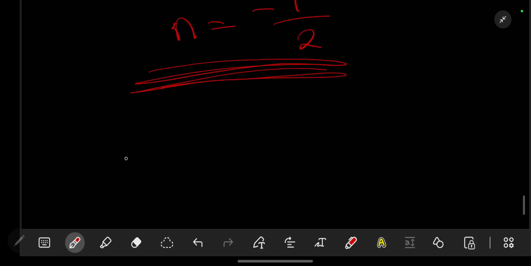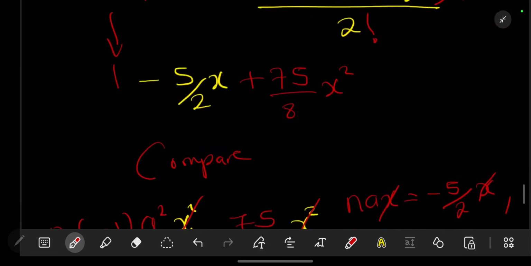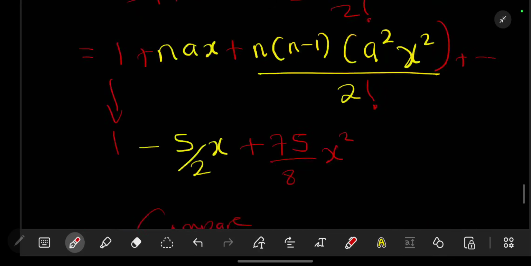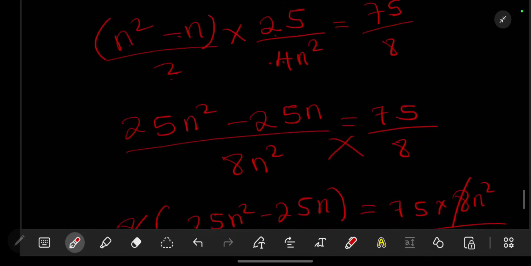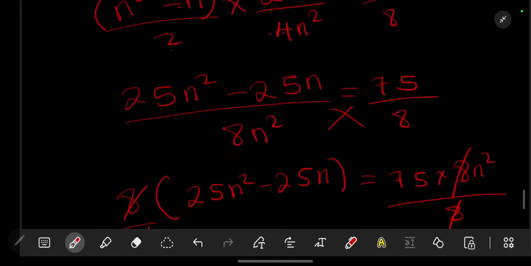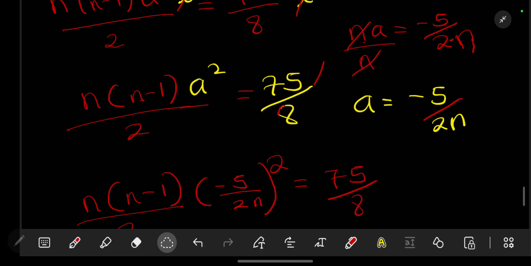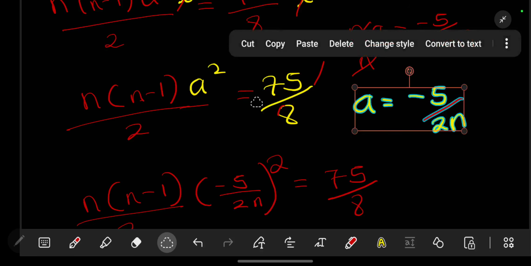If n is equal to -1 over 2, remember the one that we made the subject of a formula. Where's the one we made the subject of a formula? We said a is equal to this value, so we are going to take this value to find our a.